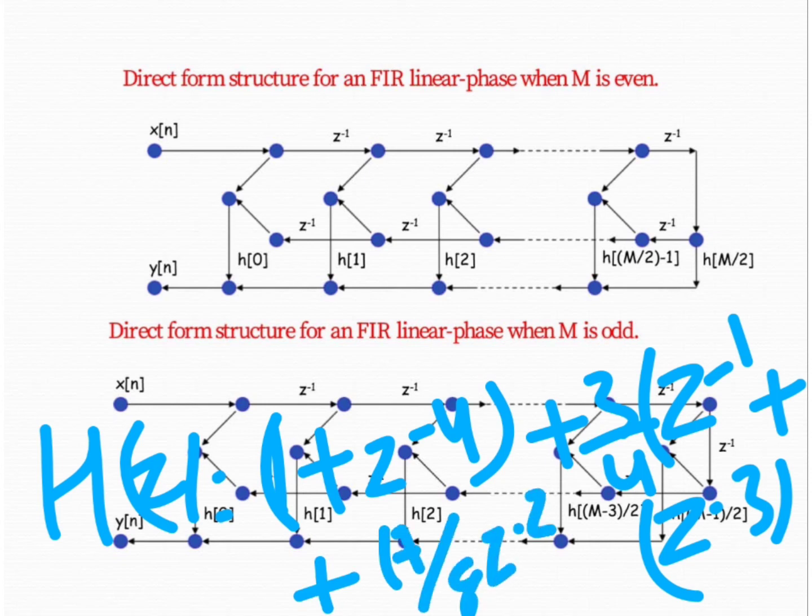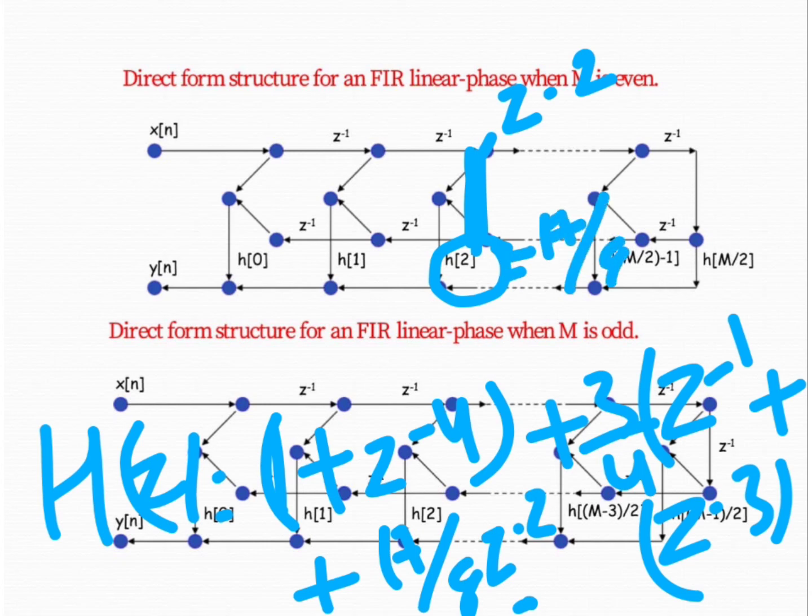Here we connect the output of z to the power minus 2, and it has the coefficient value h of 2, which is 17 by 8.